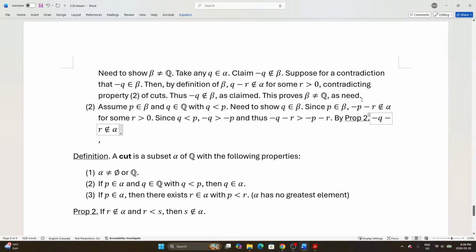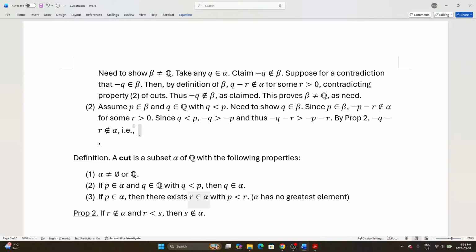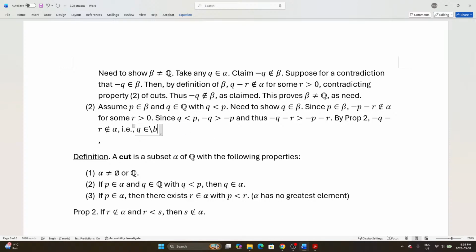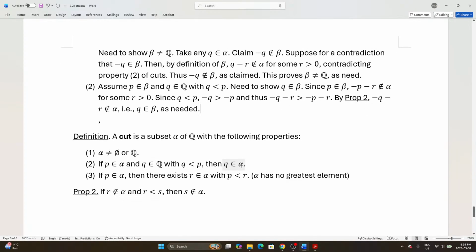So q satisfies the definition of beta. So by the definition of beta, i.e. q is in beta, as needed. All right, so second property of the cut is proven. Nice.